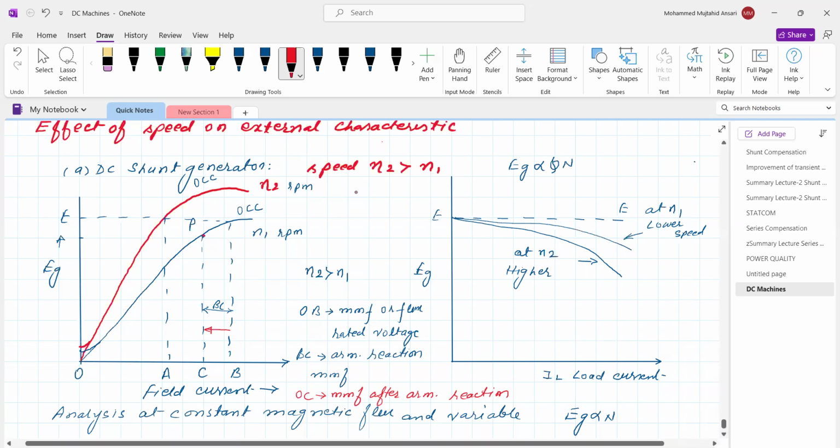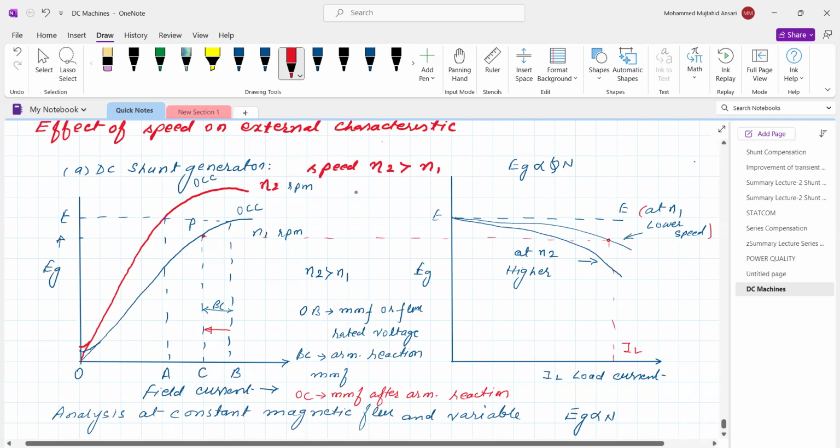BC is the voltage, and that BC voltage we plot at rated current. Say this is the rated current or some value of the current. We are going to observe this is the load current. So this is the terminal voltage, or this is the drop in voltage at lower speed N1.